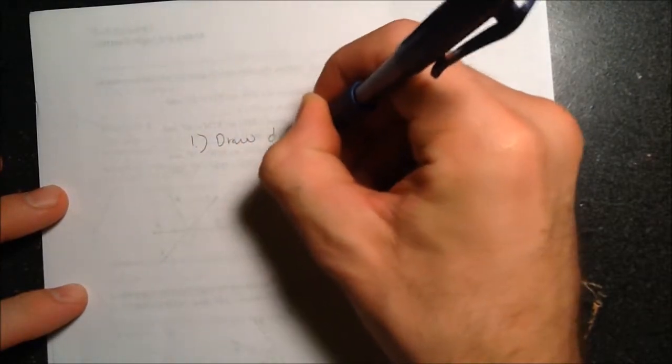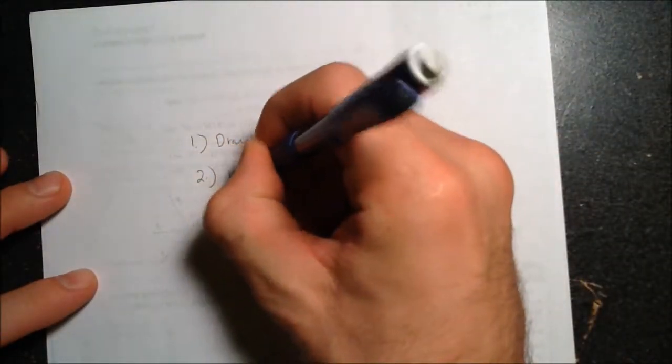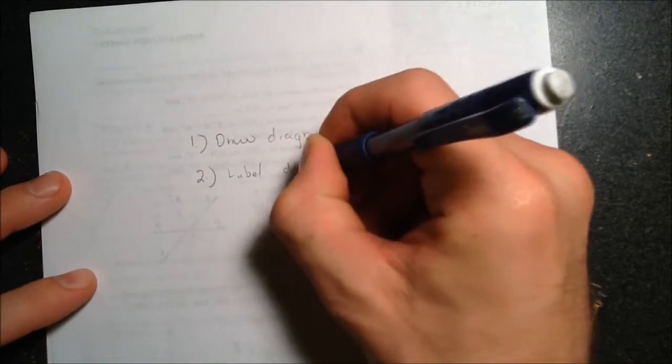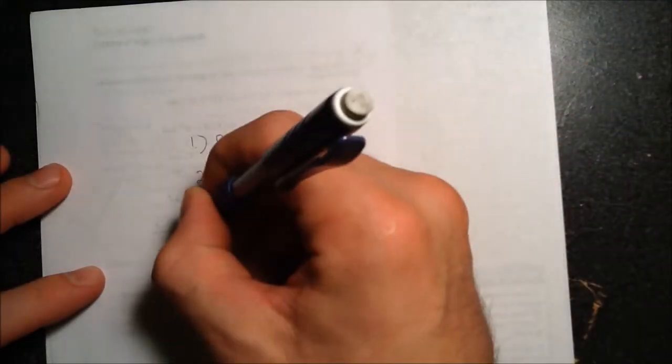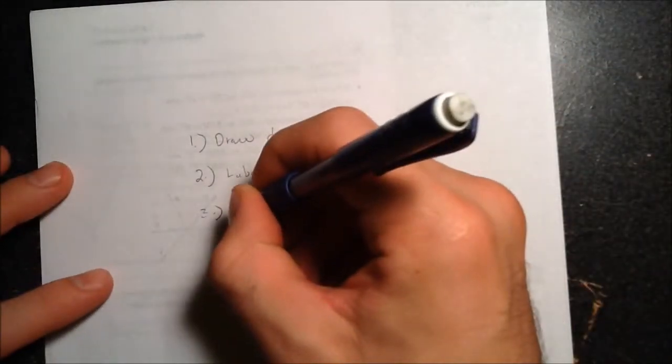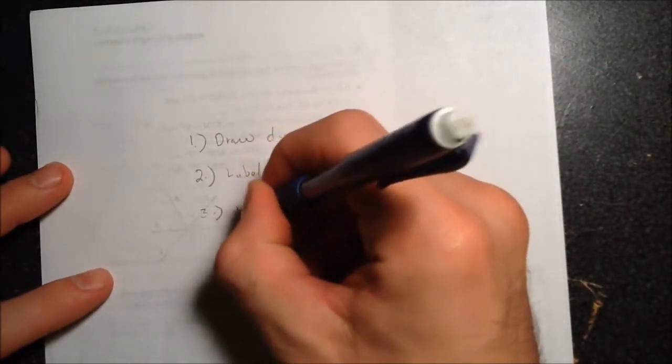Remember those 4 steps when we're solving these? Step 1 is always draw a diagram. The second thing that you do is label your diagram. Put the points in, put the measurements in, everything that you know about it. Label everything that you know about that diagram. Number 3, you want to write your equation.